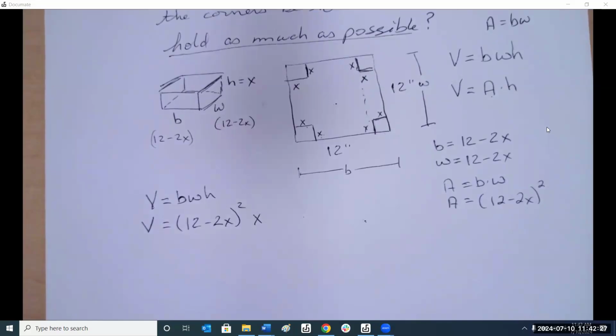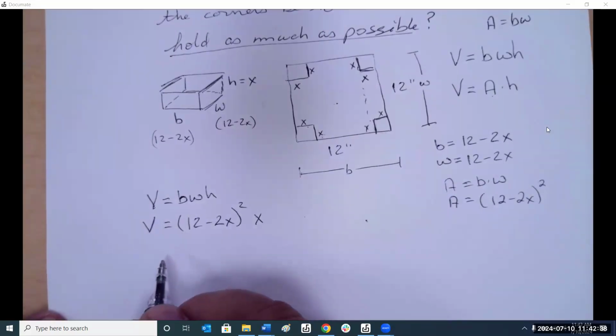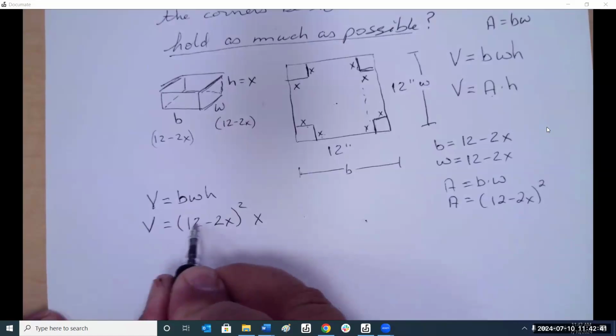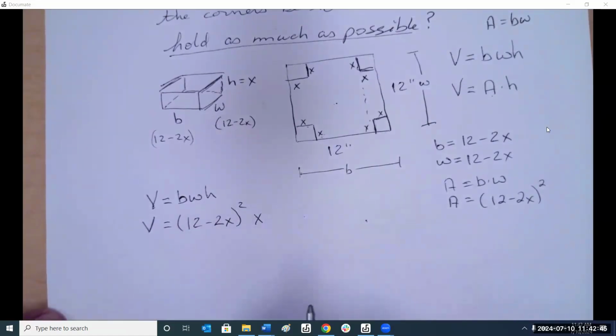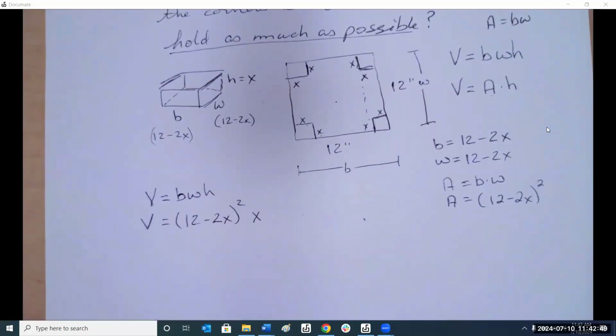What do we do next? So what's our equation look like? What can we do with this equation? Okay, well, that's a good point.